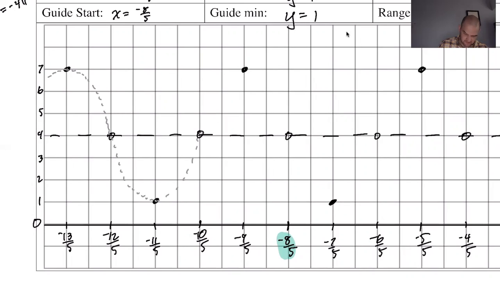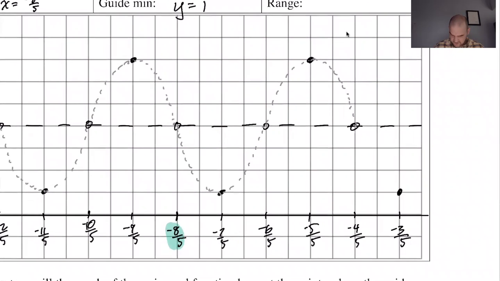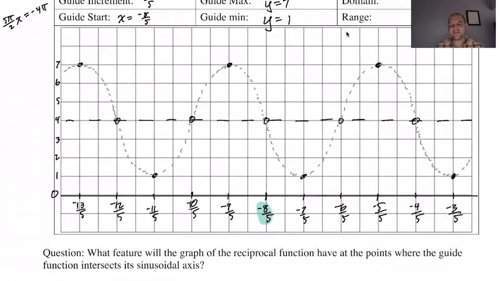I mean, just go for it, but make sure it's dotted and not solid, because it's not really a part of the graph. It's just giving us a really good guide, which is why we call it a guide function, what the graph should look like. Oh my God, this is taking forever. So I probably won't be dotting this in again because, man. And there, okay. That's our guide.